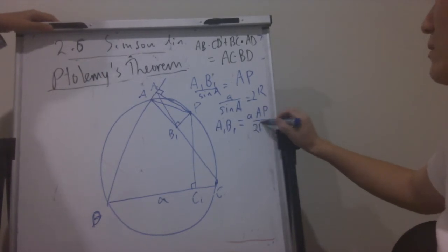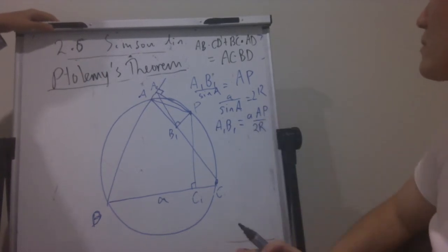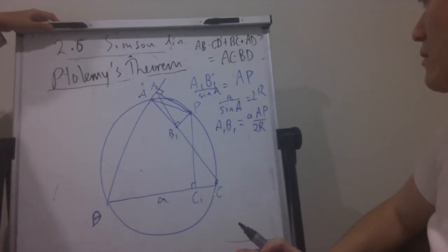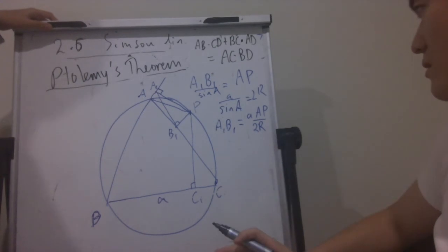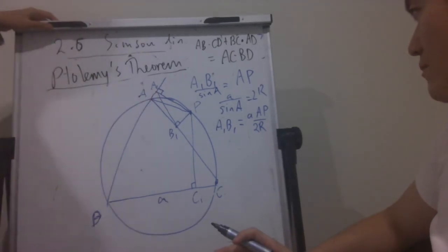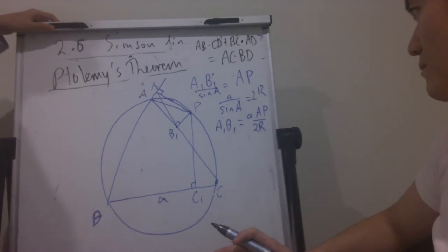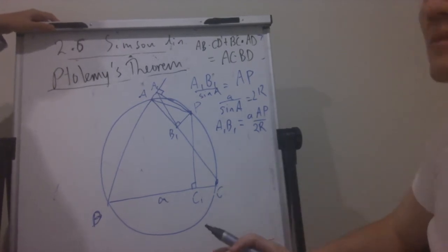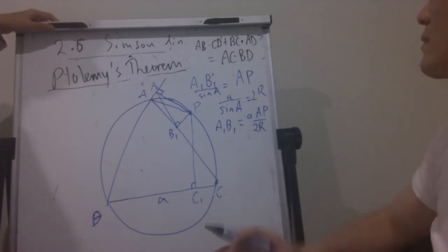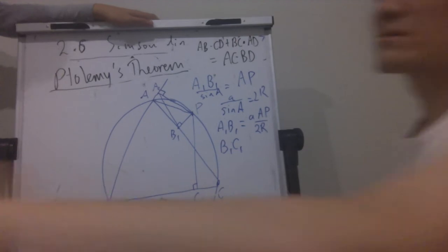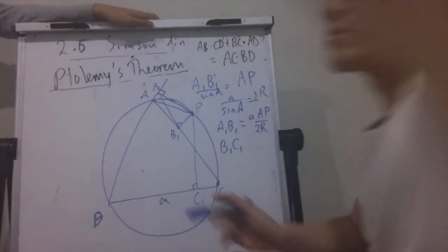Similarly, R is this distance, AP. You do B1C1. What would B1C1 be?